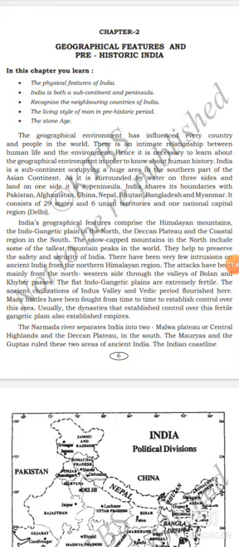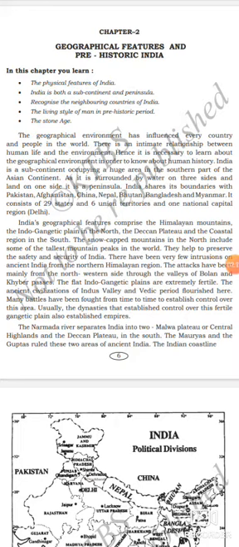And India shares its boundaries with a few countries like Pakistan, Afghanistan, China, Nepal, Bhutan, Bangladesh and Myanmar. And India at present consists of 28 states and 8 union territories and the national capital Delhi.